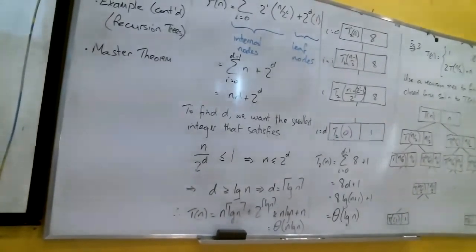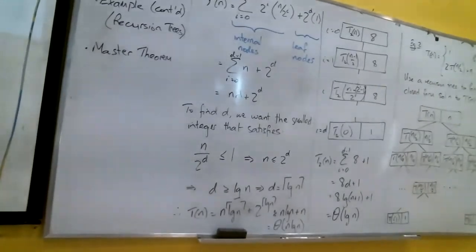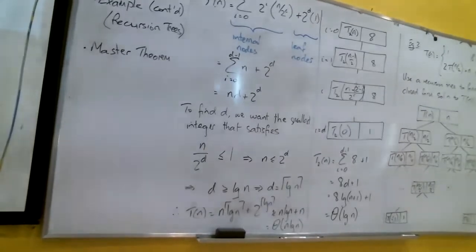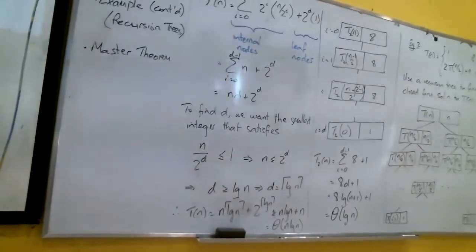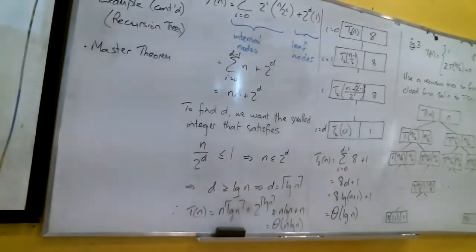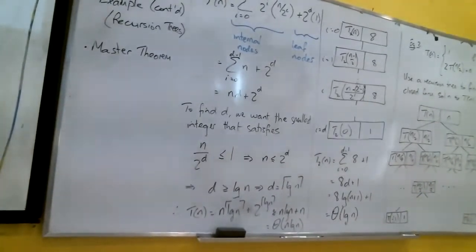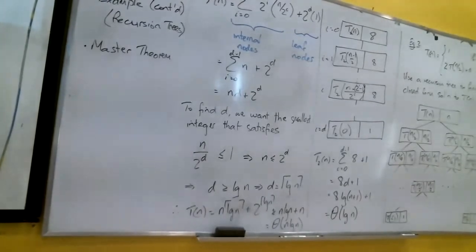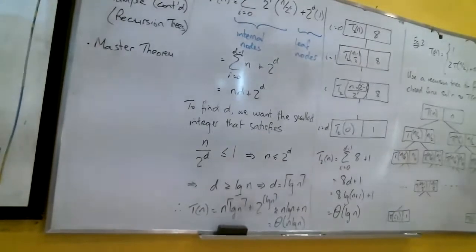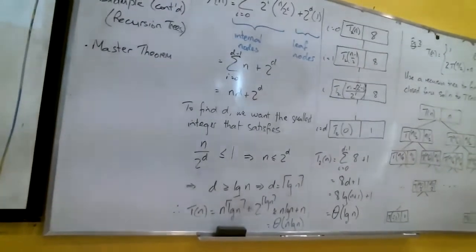All right. Now, for simple enough recurrences, you can apply this: draw your tree, solve it, and you get your order of growth.